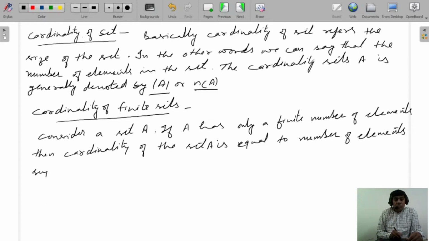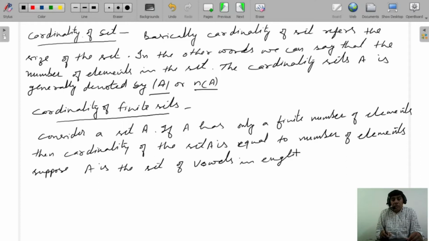Suppose A is the set of vowels in the English alphabet. That is, A is equal to {A, E, I, O, U}.